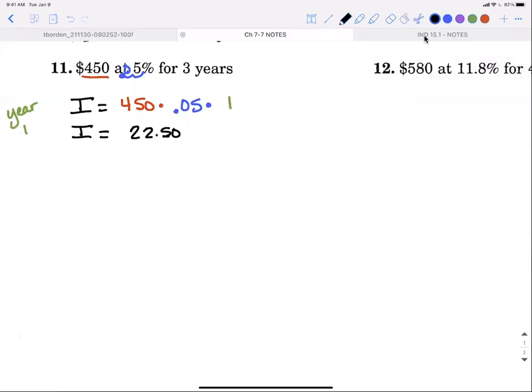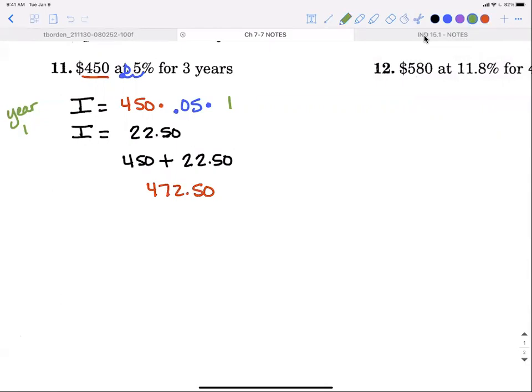Now we need to take our principal, which was $450, plus our interest that we earned in year one, and we need a new principal amount. So we add those two numbers together, and we get $472.50. That's how much money we have in the account at the end of year one.